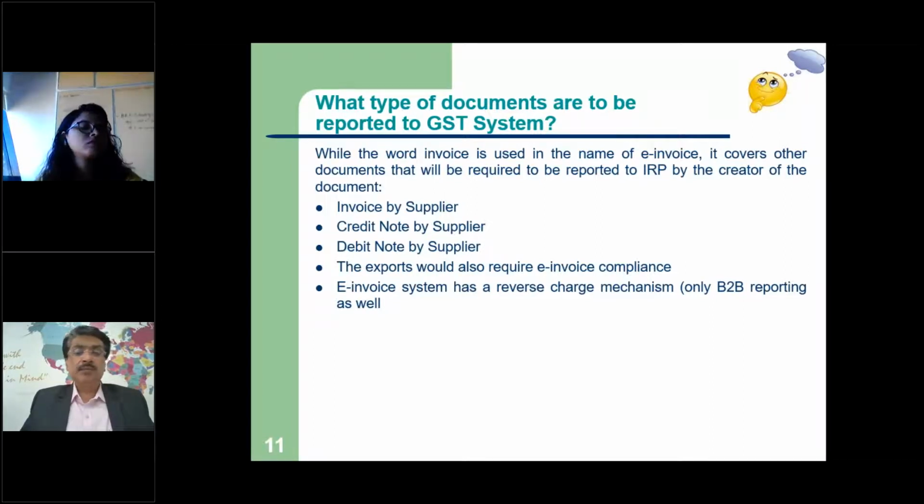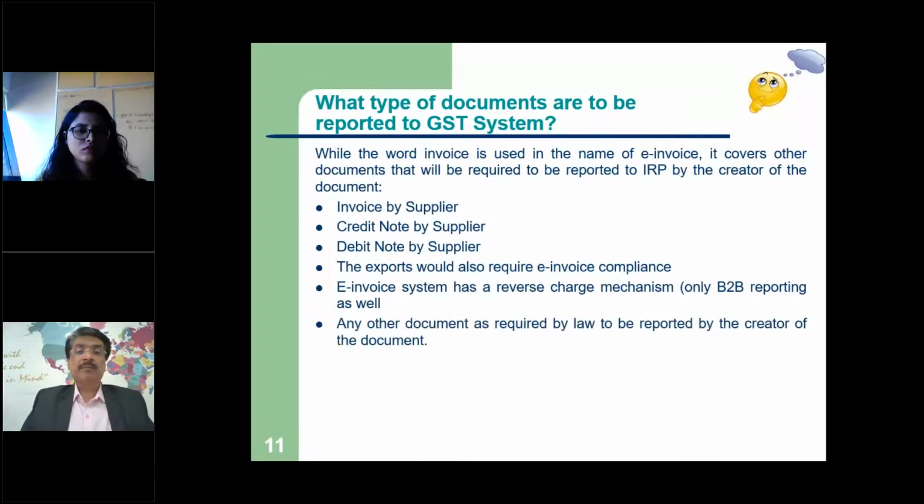So the person who is issuing the invoice for the sponsorship charges received by him, the recipient in most of the cases is liable to pay tax under reverse charge mechanism. So such recipient of sponsorship services will have to also upload the e-invoice on the IRN on the IRP.